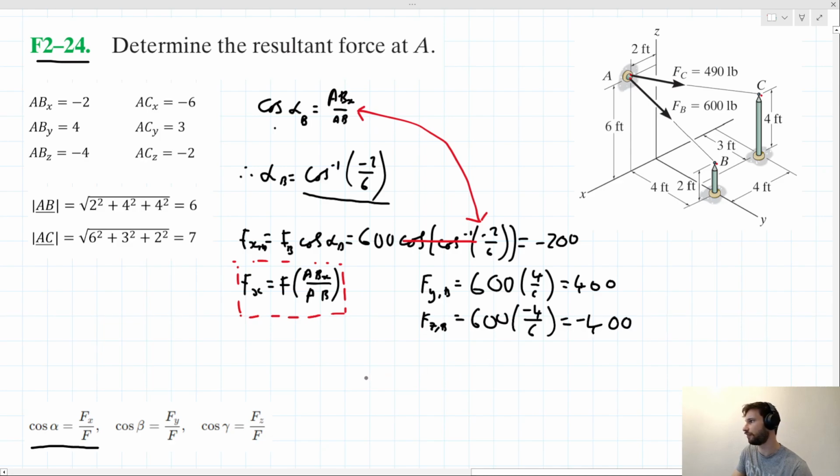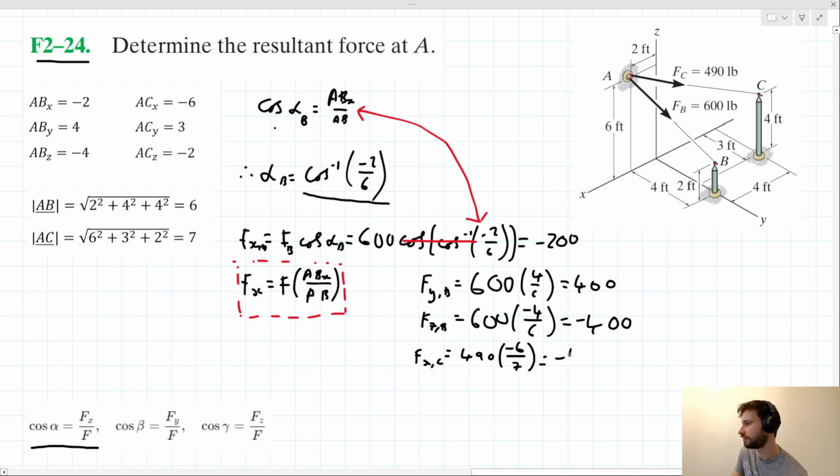Let's do the same for the force C here. Let's just write it below. Fx,C is going to be 490 times the x component of that position vector, so minus 6, over the magnitude, so 7. Again, I can do this by inspection.